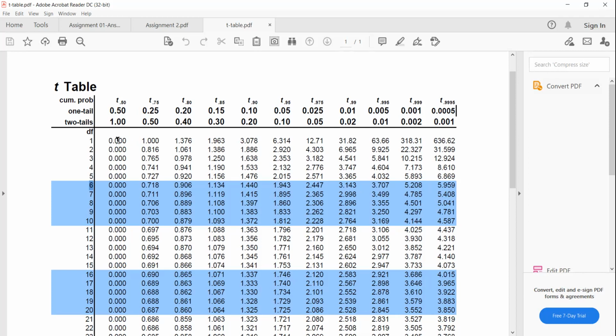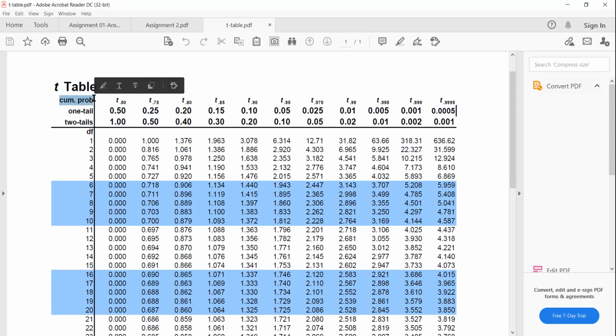So if you look at the two tail values with alpha 0.05, this is the column that you have to check, because in this column the notation says t 0.975, and that is the cumulative probability.